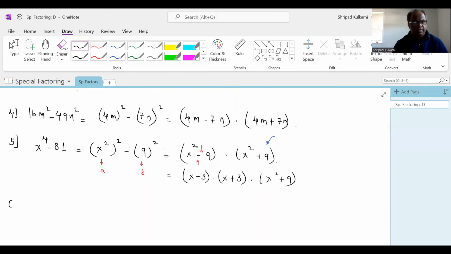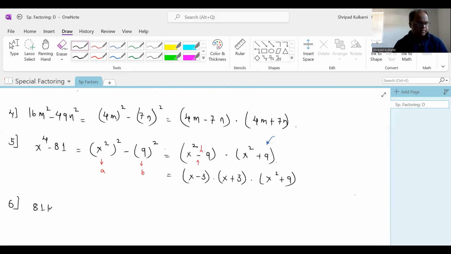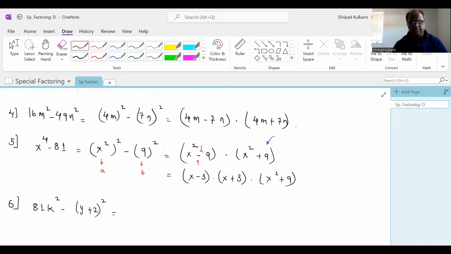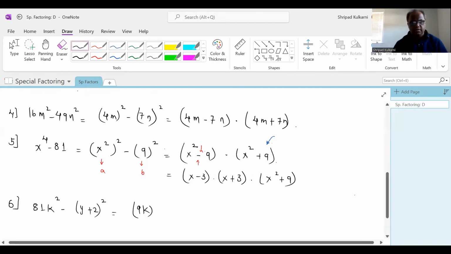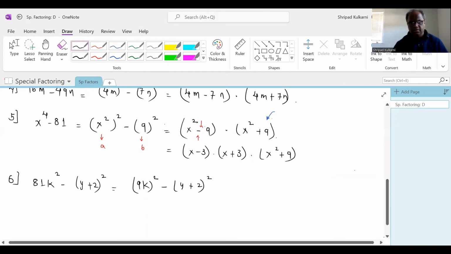Number 6 would be 81k square minus y plus 2 bracket square, and it will be acting like 9k bracket square minus y plus 2 bracket square.